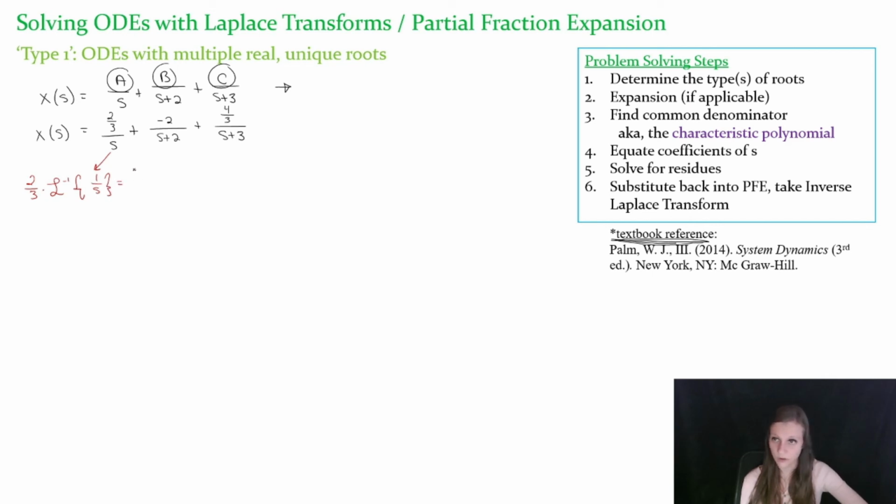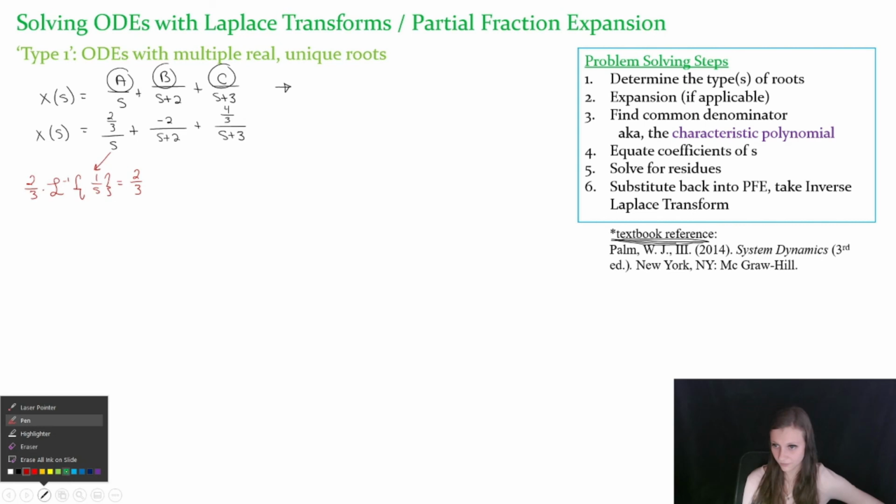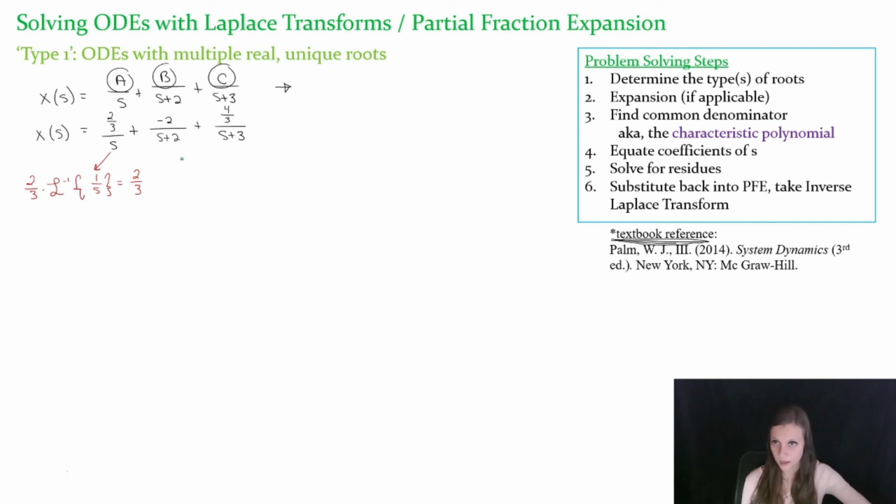And converting from the Laplace domain to the time domain, we get 2/3. For this term, if we again pull out the 2 because it's just a constant, then we'll see that we have something that looks like this in our Laplace table. And that becomes -2 times e to the -2t.